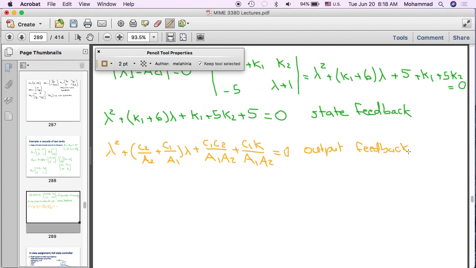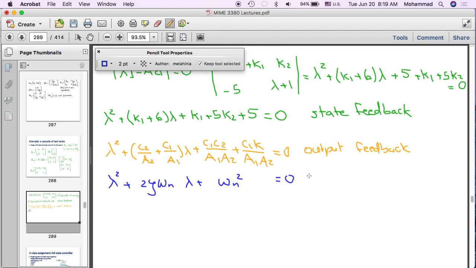Now, to see what the possibilities are, let's go ahead and bring out a third characteristic equation. That third characteristic equation is the standard form of characteristic equation for a second order system. So it's lambda squared plus 2 zeta omega n times lambda plus omega n squared equals 0.